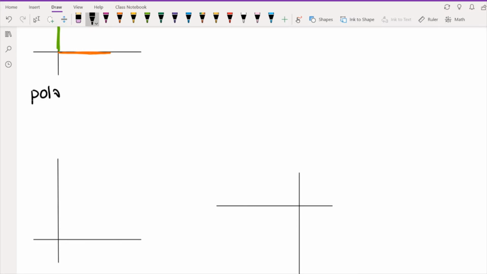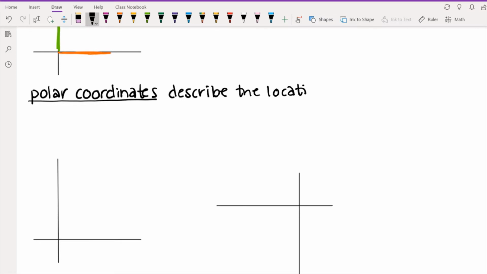So polar coordinates describe the location of a point not by its horizontal and vertical position, but by its direction.